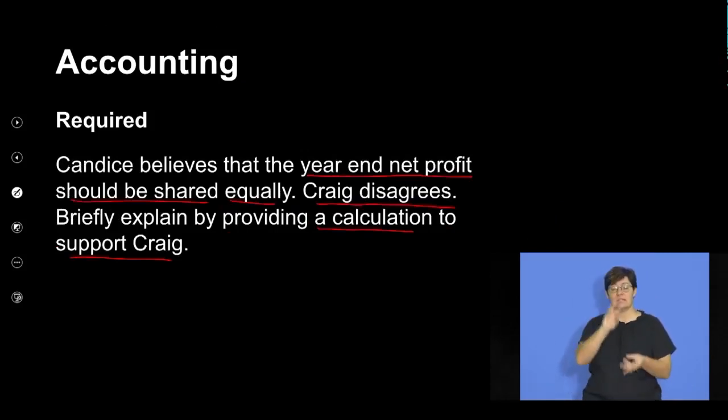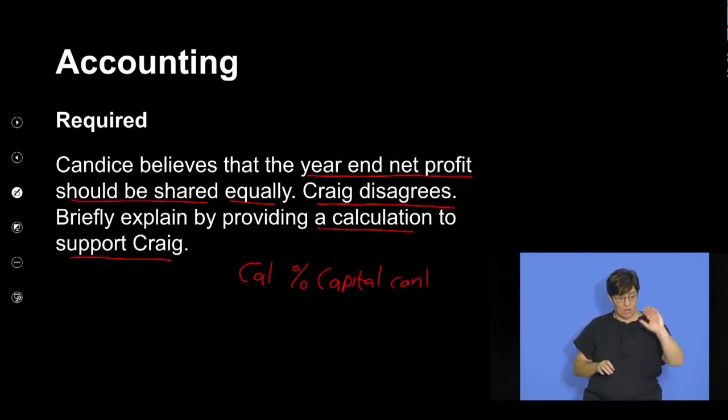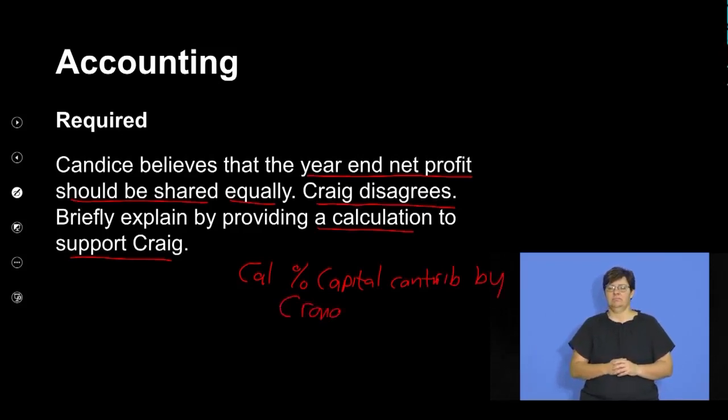I'm just going to quickly summarize that for you. Remember, calculate the percentage of capital that was contributed by Craig. That's what we did. Craig contributed 84% of the capital.